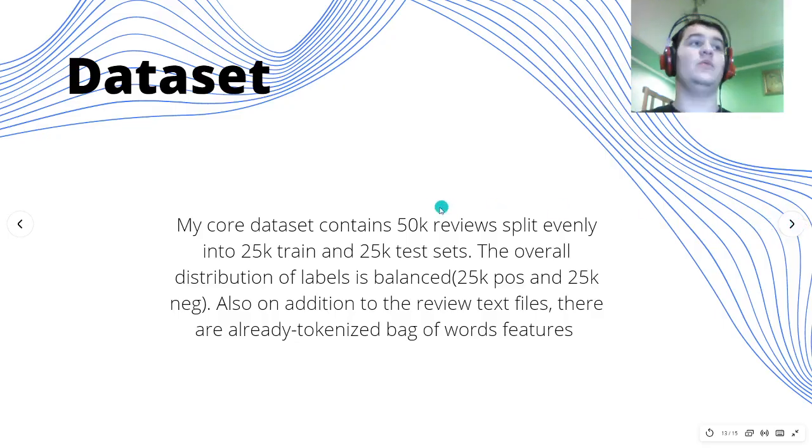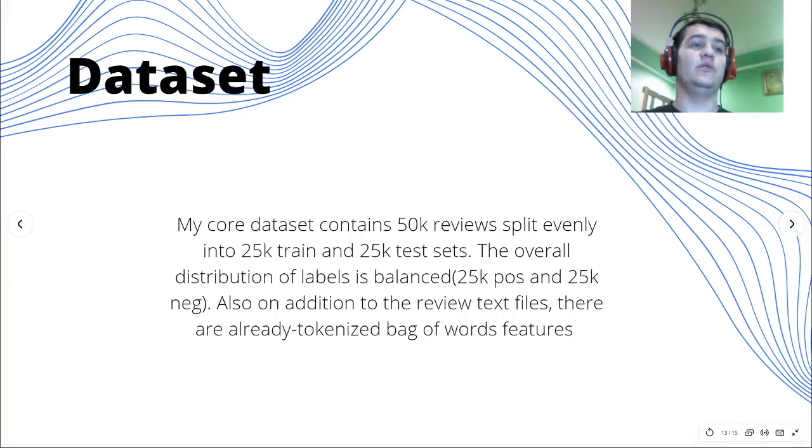And then we have the dataset that I found. My core dataset contains 50,000 reviews, split evenly into 25,000 for training purposes and 25,000 for test purposes. The overall distribution of labels is balanced. That means that 25,000 of my reviews are positive and 25,000 are negative.